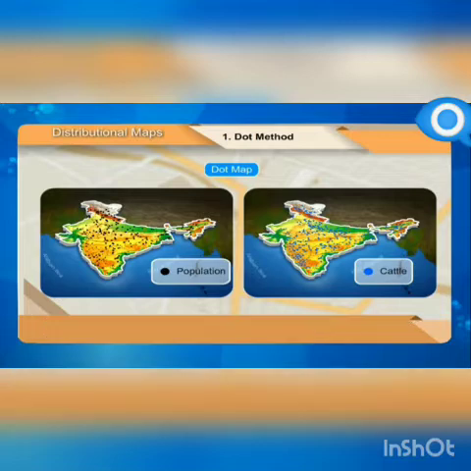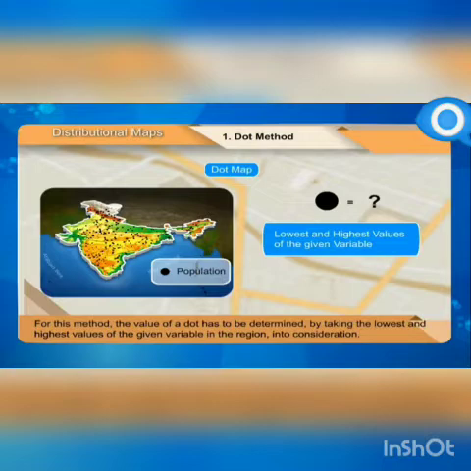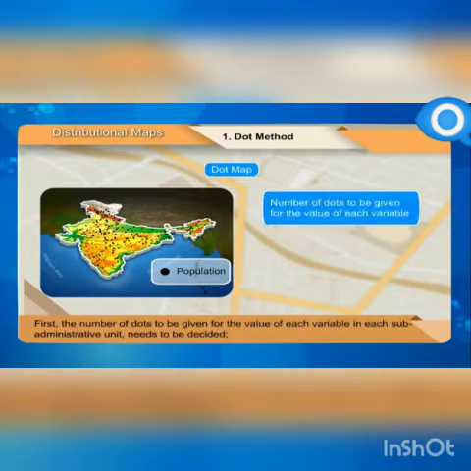So dots can represent how much the population is distributed in an area. A dot has a particular value, and the highest and lowest in a variable have to be considered. The bigger dot represents a bigger value, the smaller dot represents a smaller value.